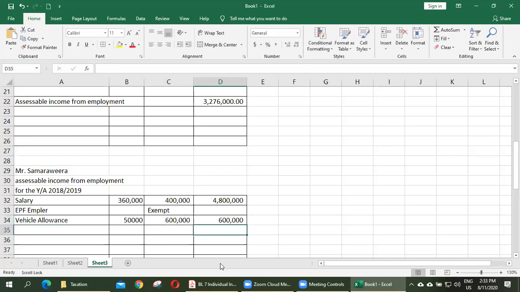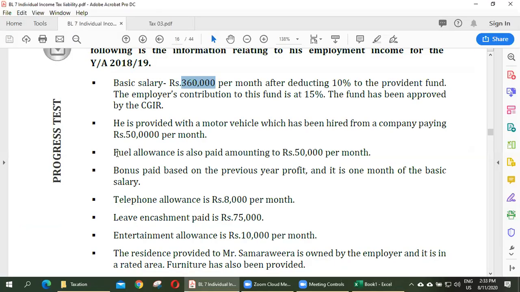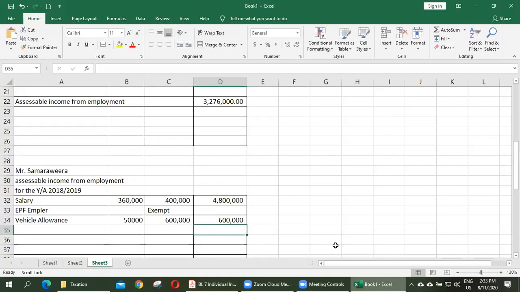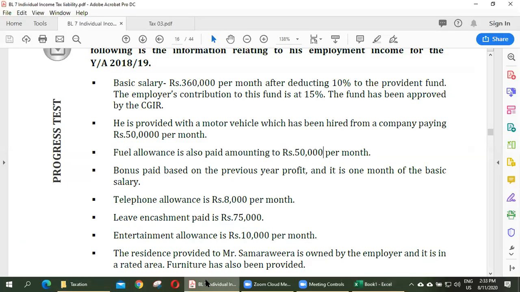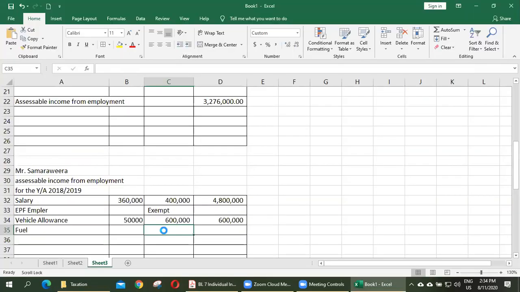And a fuel allowance is also paid, rupees 50,000. Fuel allowance also we have to include. How much? 50,000 into 12, 600,000.